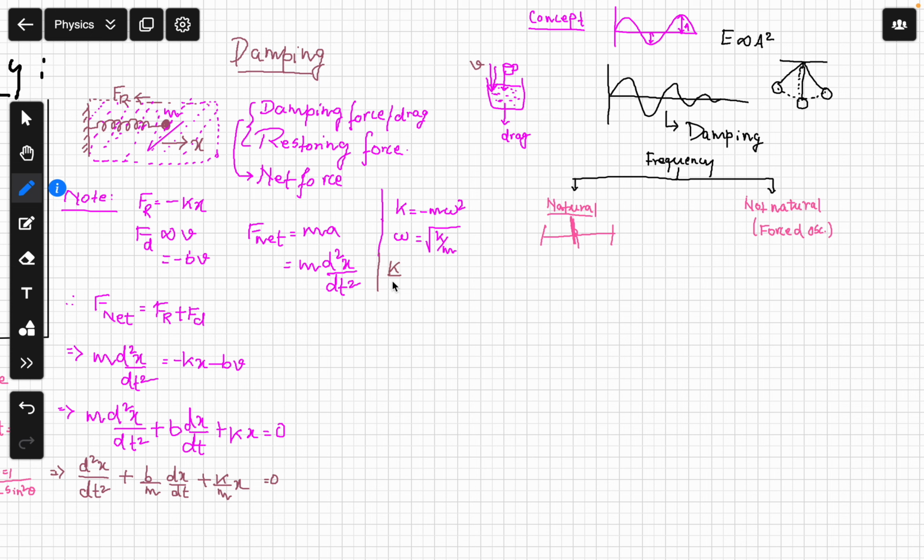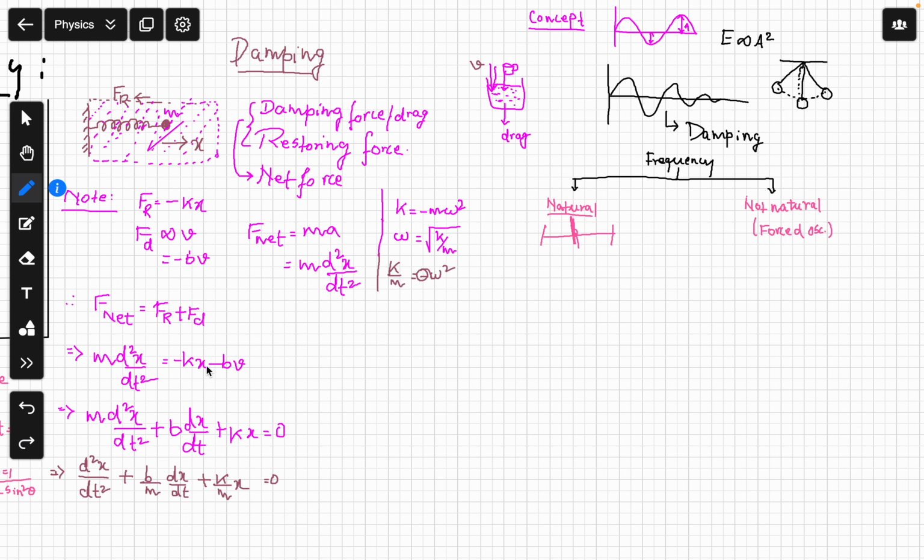If I write k by m, this is minus omega square. We'll ignore the minus sign for now, we're just looking at the constant value. So k by m can be written as omega square.